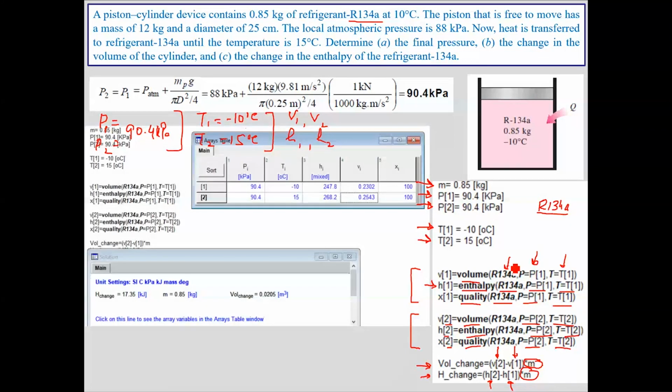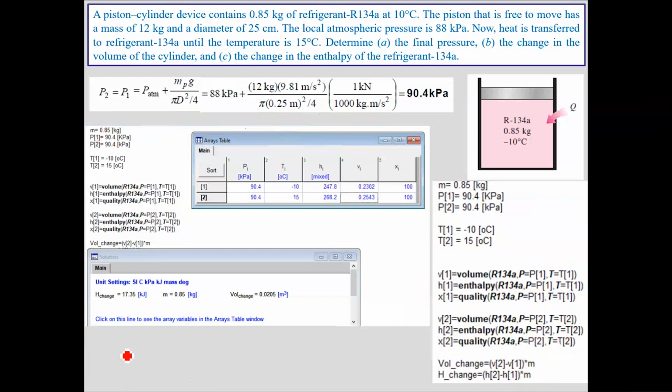Once you run the program, these are the values that you plugged in for the two states. This is state 1, this is state 2, this row. H, V, and X are calculated. This is calculated for row 1 and this is calculated for row 2.